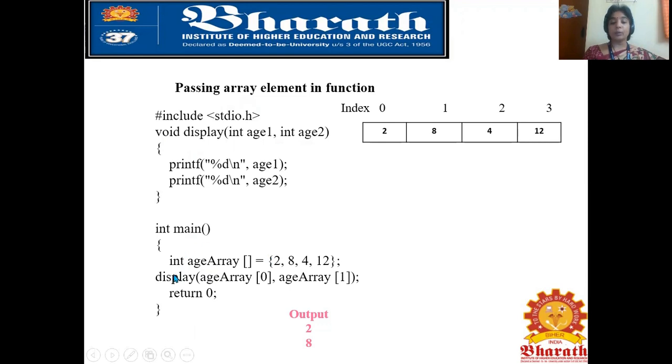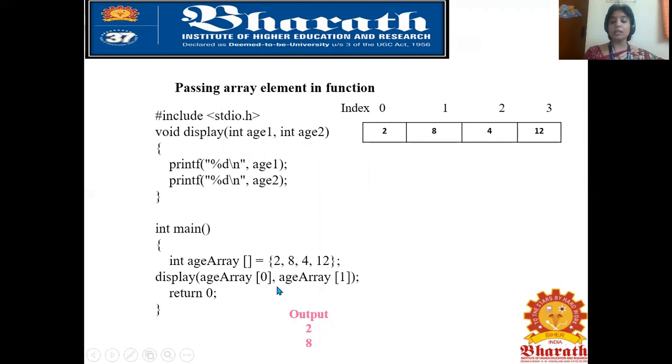Then in our program, there is a function known as display. This display is a function which is used to show any 2 elements of the array. So we have to pass the array name with its subscripts as arguments to this function.